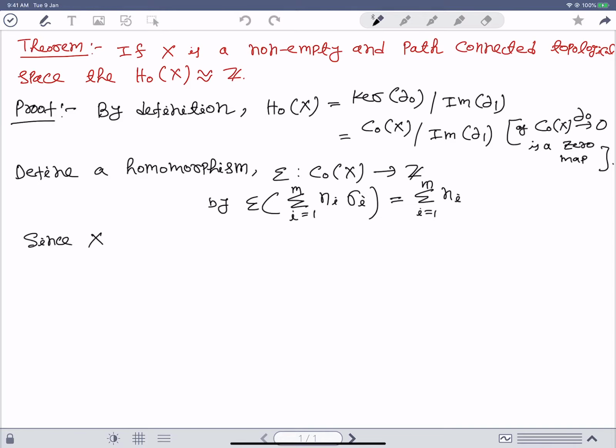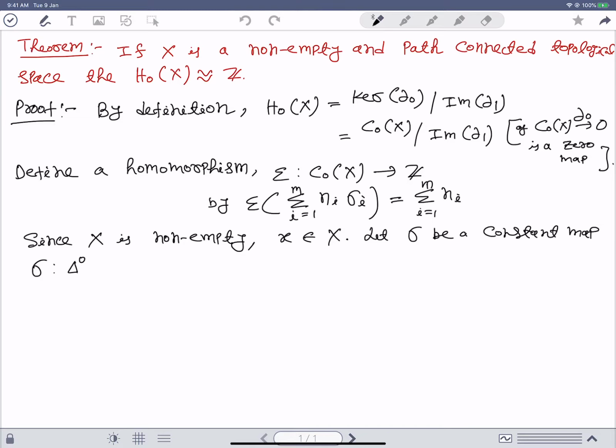So since X is non-empty, we have an element x in the topological space X. Now let sigma be a constant map from delta 0, which is just the 0 simplex, just a vertex, to the singleton set {x}, which is a subset of X. So this sigma is a constant map from delta 0 to X, right?